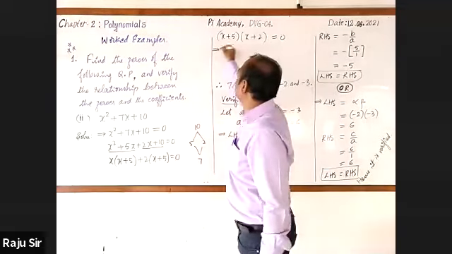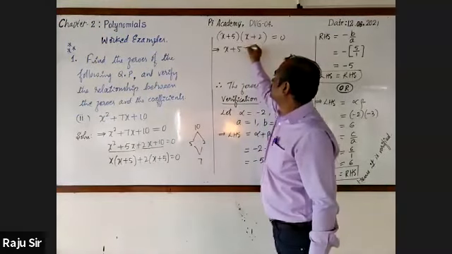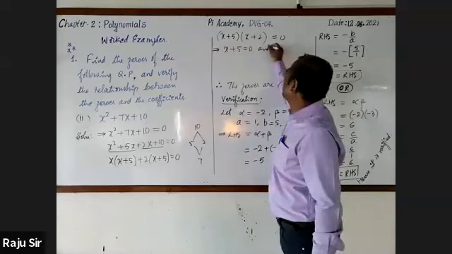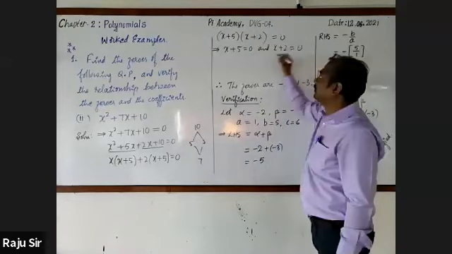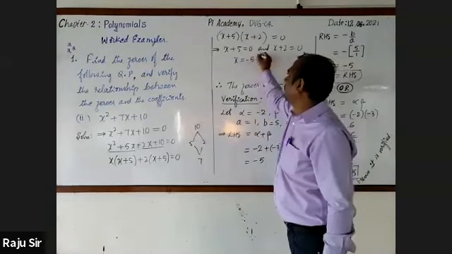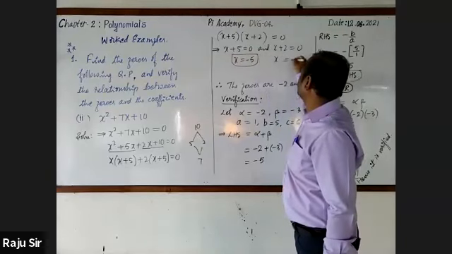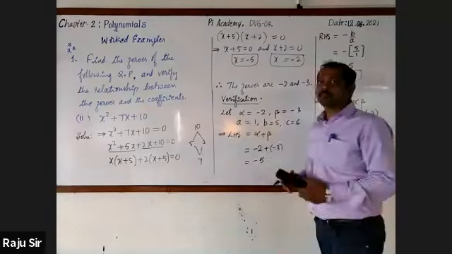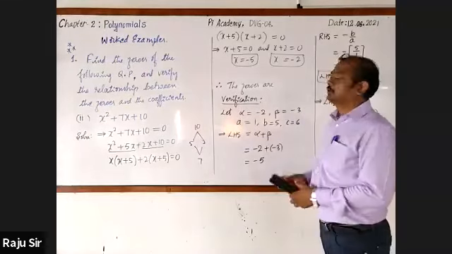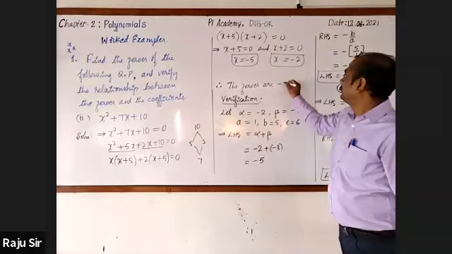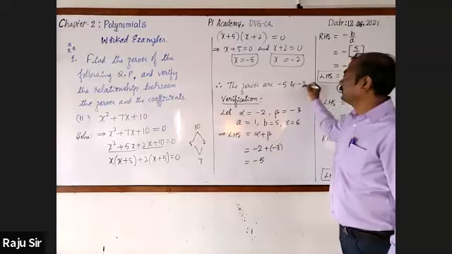Then find out x in each case. x plus 5 equal to 0 and x plus 2 equal to 0. x equal to minus 5, x equal to minus 2. Therefore, the zeros are minus 5 and minus 2.